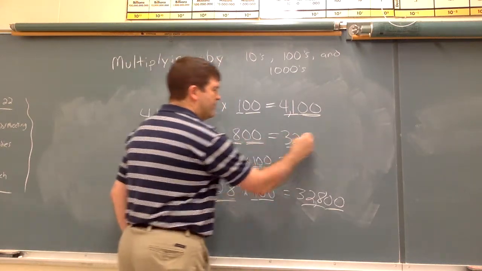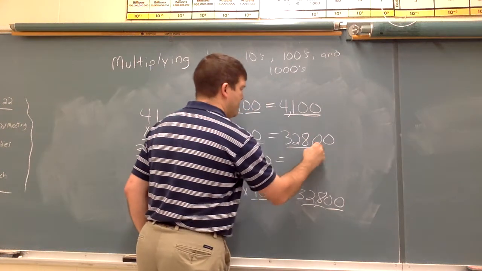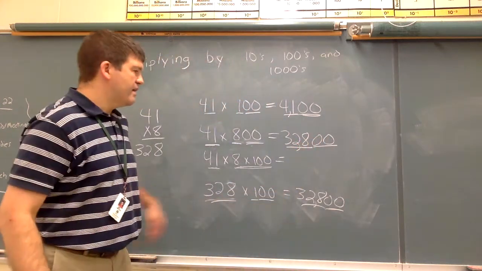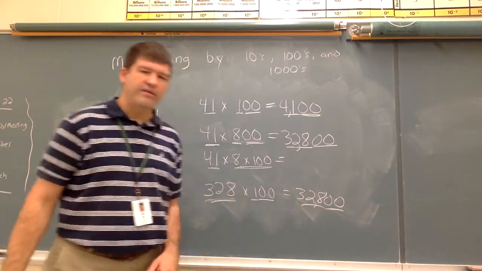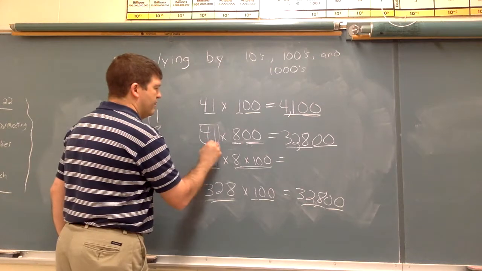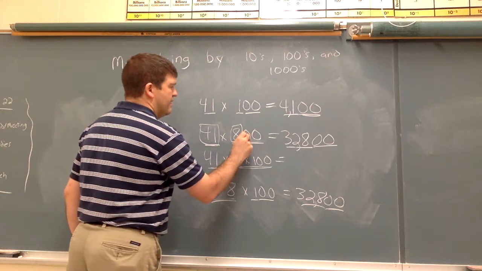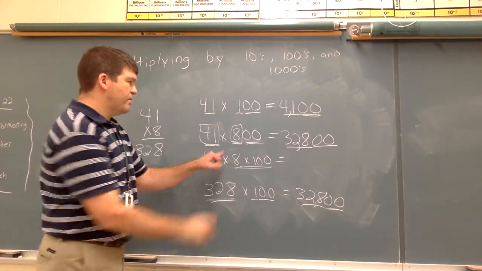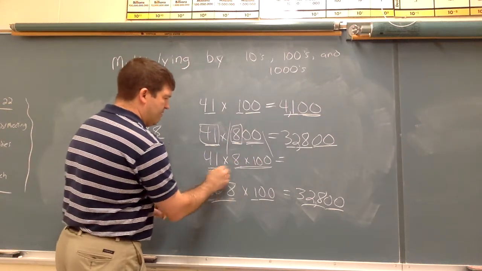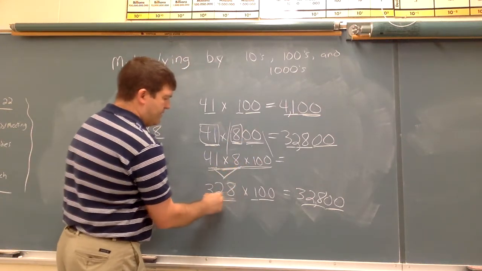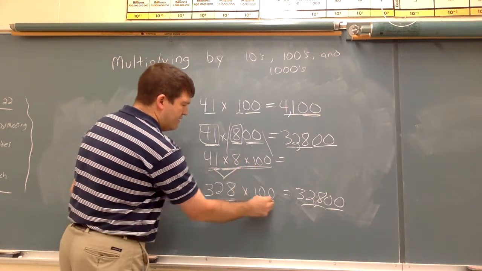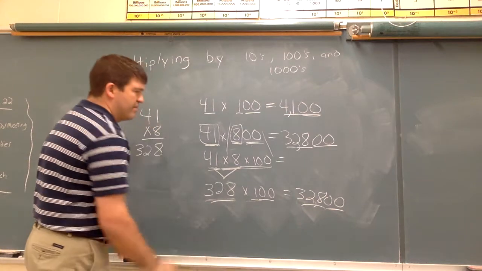Then I have these two zeros, put those right there. Okay, 1, 2, 3, comma. And I get the same thing, 32,800. Here I just did the 41 times the 8, and then I added my two zeros. This one I broke the 800 apart, and then did 41 times 8 gets me 328 times the 100 this way, and I get the same thing.